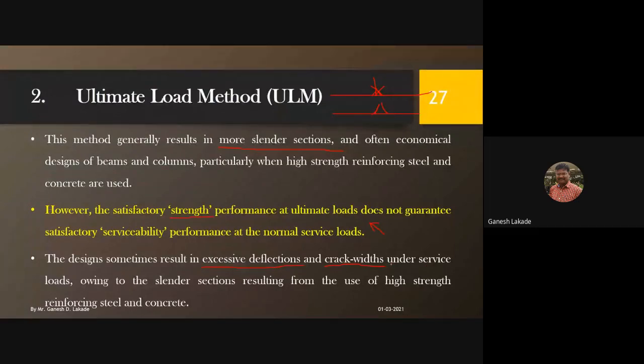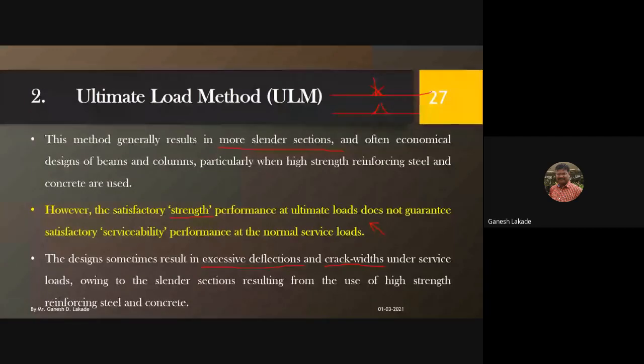Due to this, the sections that we have assumed will not be able to carry the loads, owing to the slender sections resulting from the use of high strength reinforcing steel and concrete, and there may be possibilities of failures.